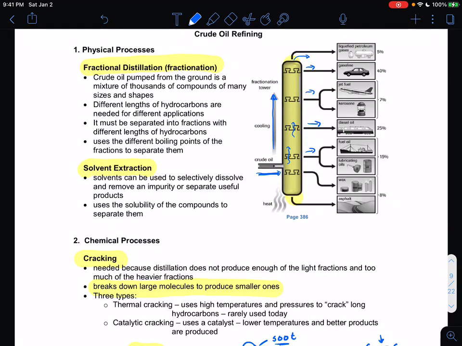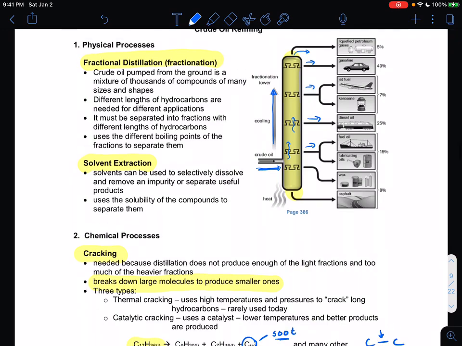The second one uses the physical property of solubility. And this is really important for getting rid of impurities. So by being able to differentially dissolve the impurities, let's say, in a particular solvent, you can remove them from the rest of the hydrocarbons.